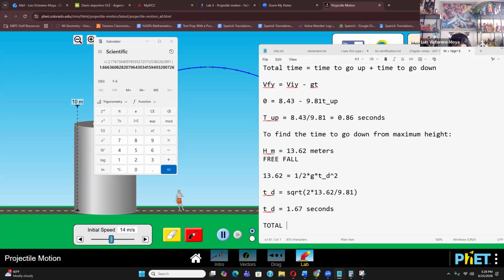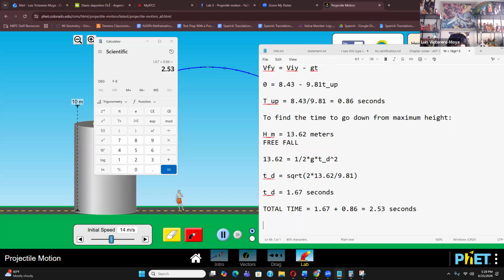So the total time is 1.67 plus 0.86. There you are, that's 2.53 seconds. So your range, which is the x value, is what? It is v on x times time.